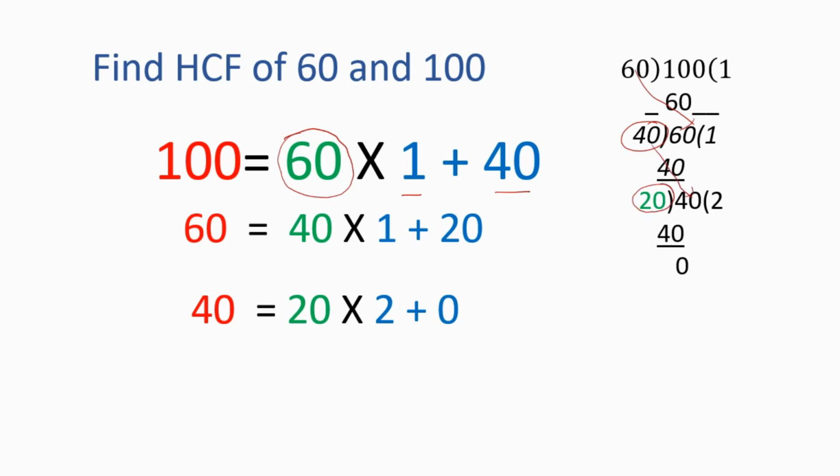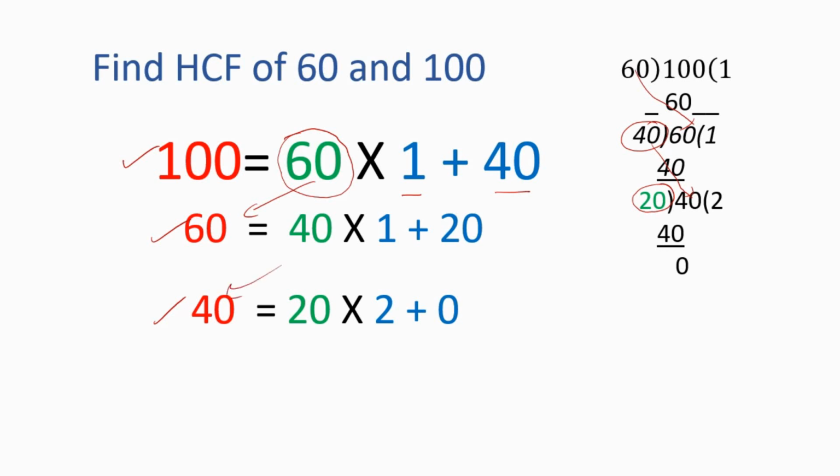So this is the way, these three steps, and in fact we may have some more steps, but here these three steps are the way we can find HCF of two numbers. Every time we use this one, 60, and this 40 we can use.